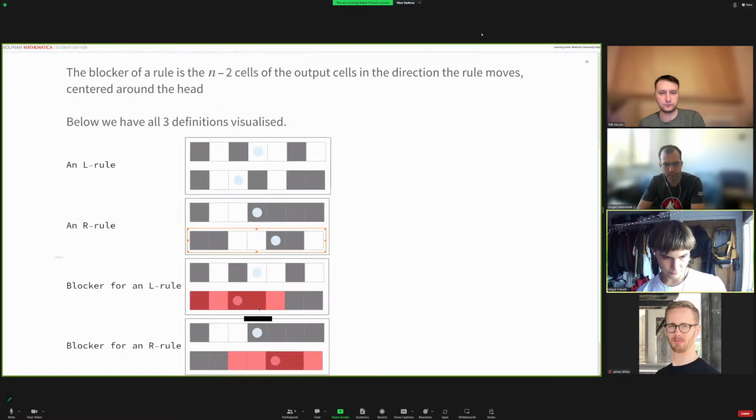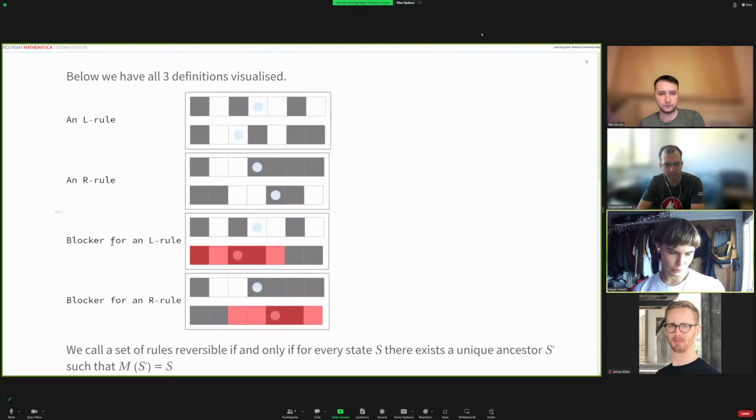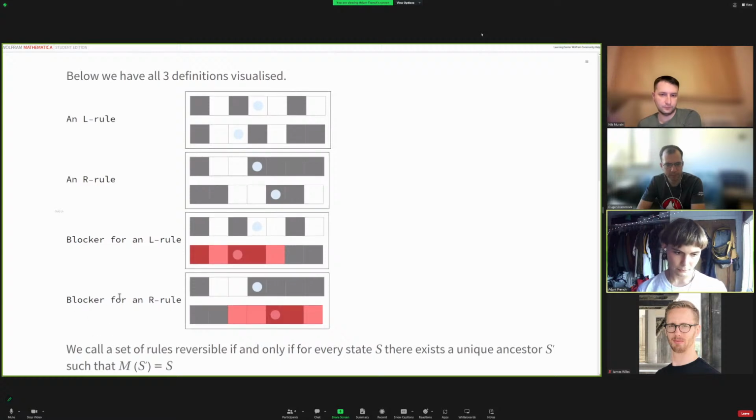And then we're going to come up with these things called blockers. The blocker for an L rule is going to be the n-2 cells on the left, and a blocker for an R rule is going to be the n-2 cells to the right. So in this case, n can be whatever number we want, but the blocker will always omit 2 cells. It will always not include these, but the rest of them will be the blocker.